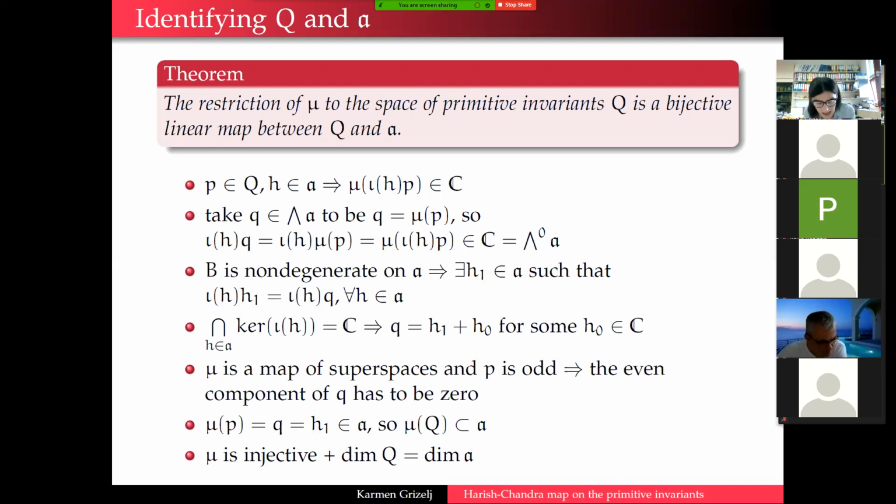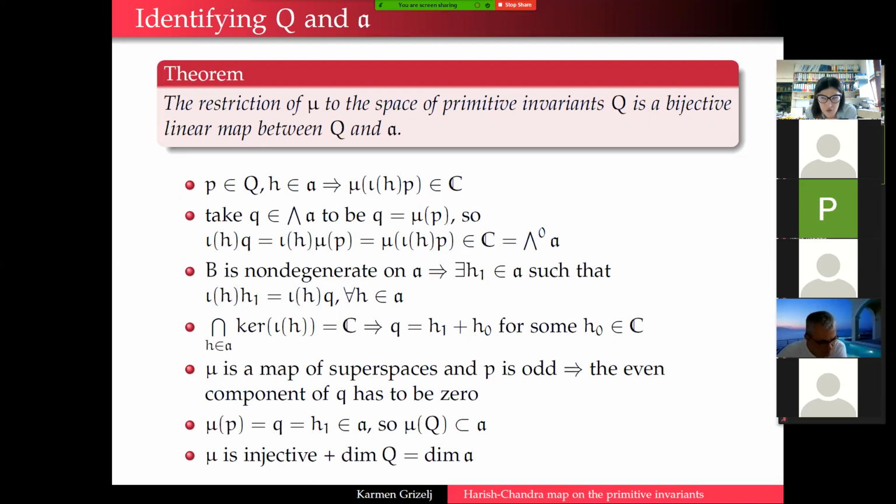And now I didn't really discuss these primitive invariants a lot, but the thing is, we are inside of J plus. So first of all, we cannot be in degree 0, but we also cannot be in degree 1 or 2. The lowest degree that allows existence of primitive invariants is actually 3.